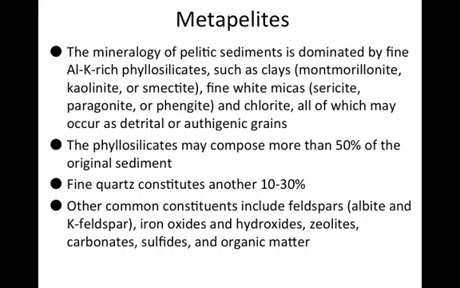The phyllosilicates can comprise more than 50% of the original sediment, all those chlorite, micas, and clays. And then fine-grained quartz can make up another 10 to 30%. Those rocks may also have feldspars, some iron oxides or hydroxides, zeolites, carbonates, sulfides, and organic matter.